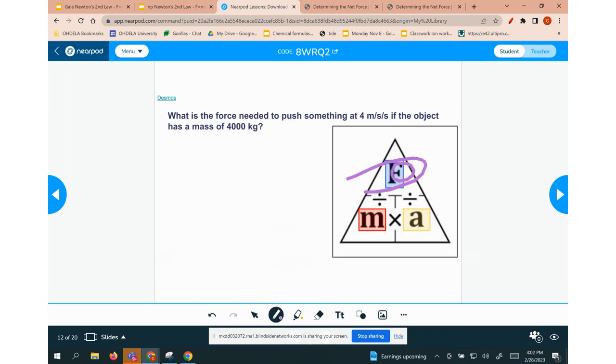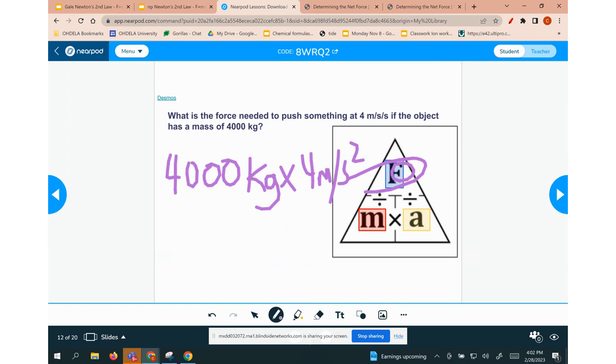So mass times acceleration: 4,000 kilograms, it doesn't matter which I do first, times 4 meters per second squared. So this is 16,000 newtons, or kilogram meters per second squared. Same thing, they just use the letter N.